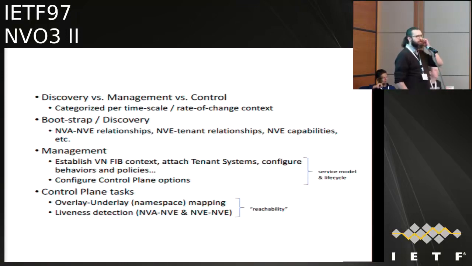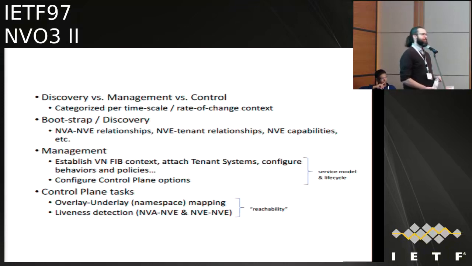I think back to the management and control plane, which is kind of the tricky part. If you have a very static environment, where endpoints, what we call TE I guess in the framework for NVO3, are pretty much static in nature, configuring the routing context could be considered a managed function.